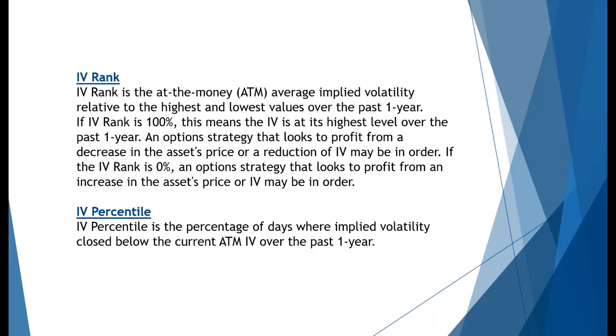It would rank at the lowest that it's been over the last year, and our percentage would be 0. But as it compares to our historical, that differential, or that range of our implied volatility, it's not a lot. And so there might not be a lot of opportunities, or that comparison will give us a little bit different view of that particular stock.